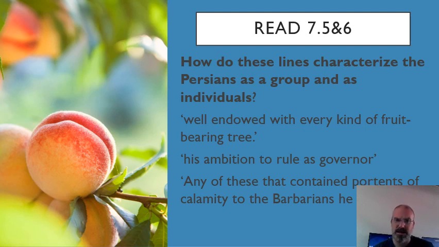So let's see. So one of the reasons Mardonius persuades Xerxes to invade Greece is this idea of Greece being a fertile land, well endowed with every kind of fruit-bearing tree, super rich. It's an amazing place, and that's not true. Certainly compared to Persia, Greece is tiny. Greece is rocky.